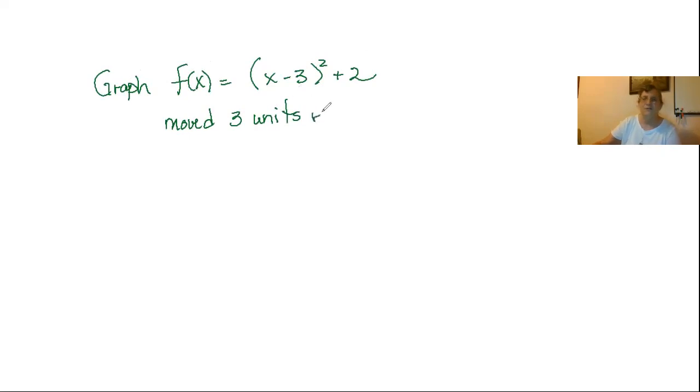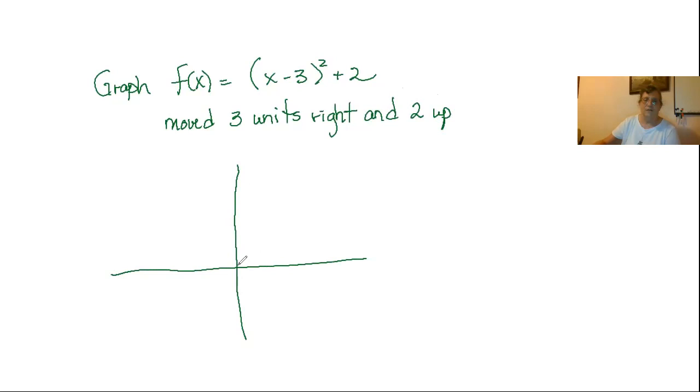So it's 3 units right. And 2 up. So the graph that normally would have been here ends up going 1, 2, 3, 1, 2 to here. And there it is.